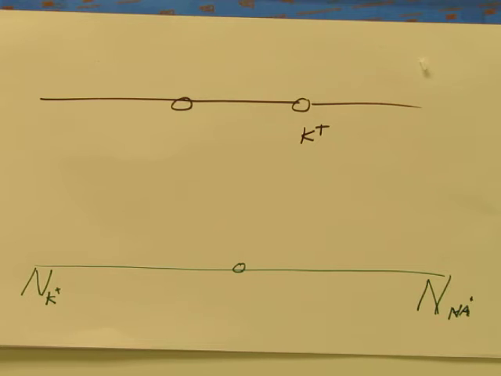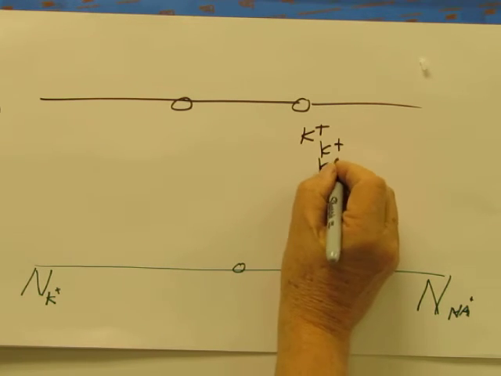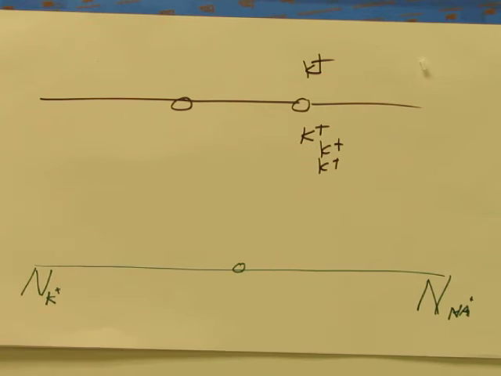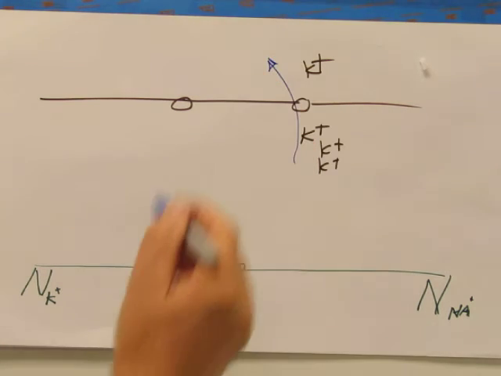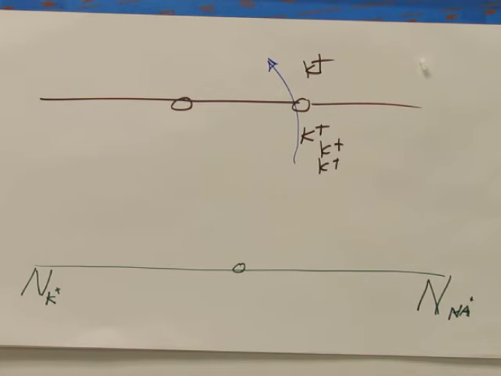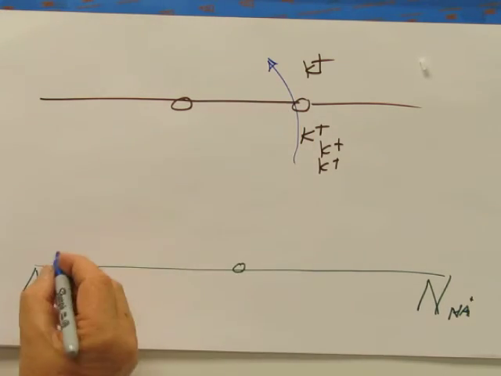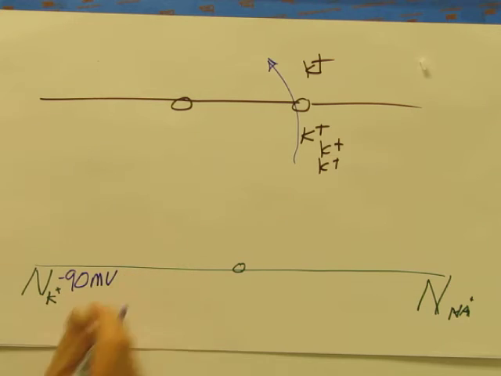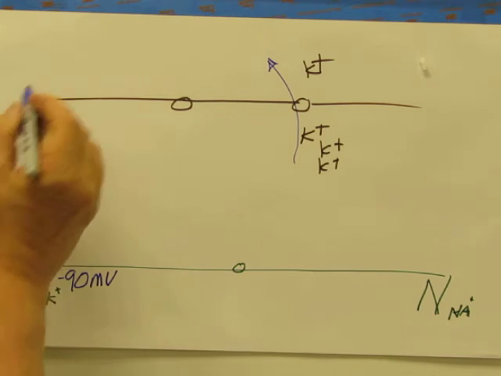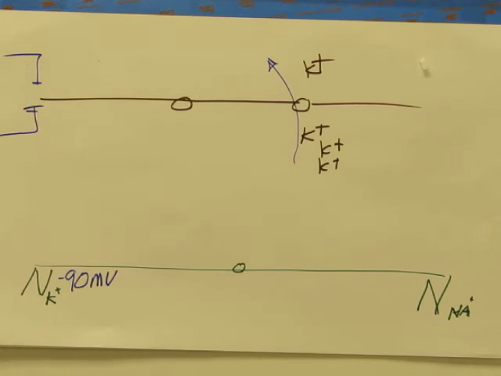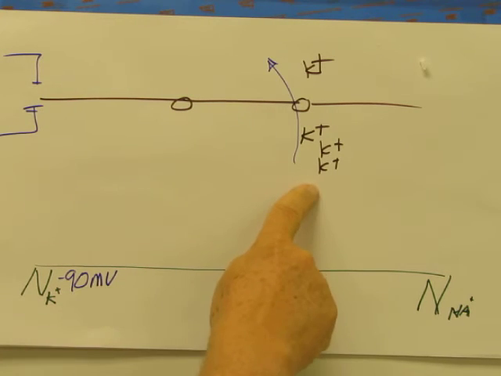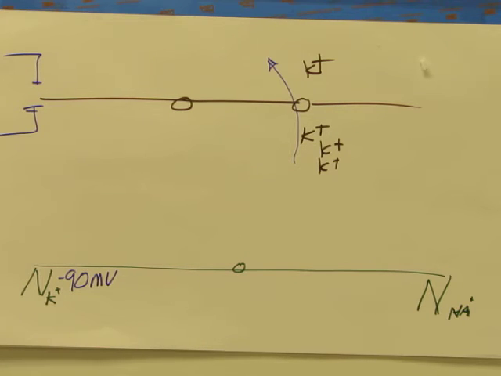You have more concentration of potassium inside the cell than you do outside. So if you allow potassium to flow out of the cell, unrestricted flow, the voltage which it will achieve will be negative 90 millivolts. If a cell had no voltage across its membrane, measuring inside from the outside, if there's no flow, there'd be no voltage, you'd be at 0 volts. If it lets potassium leave unrestricted, as fast as it could, the voltage across its membrane will be negative 90 millivolts.